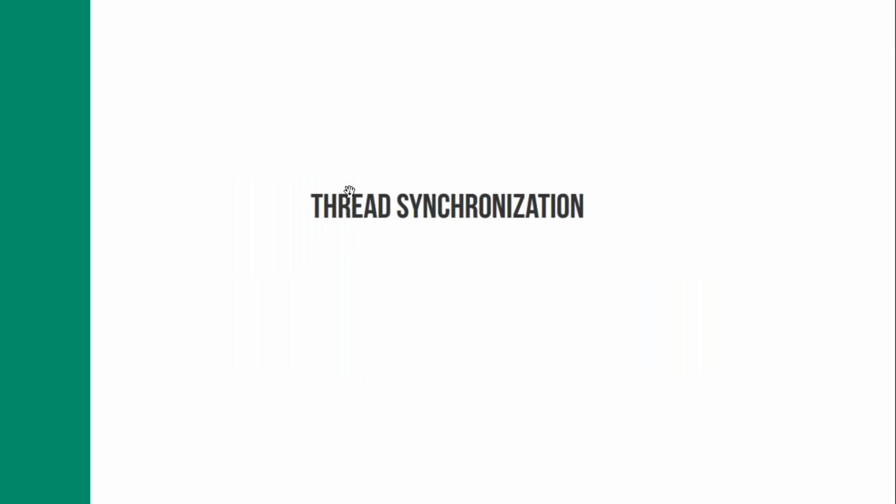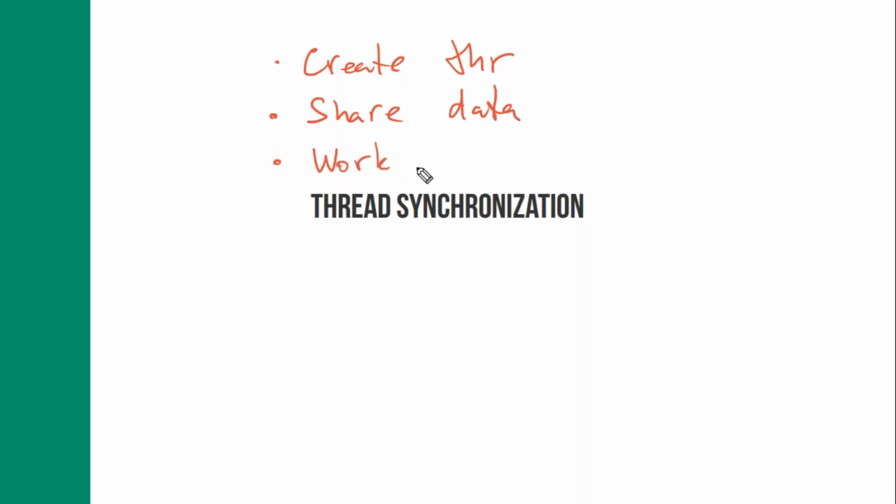Okay, so far we have done the easy part. We learned how to create threads. We learned how to control memory sharing. And we learned how to team up threads to do work sharing with for loops.